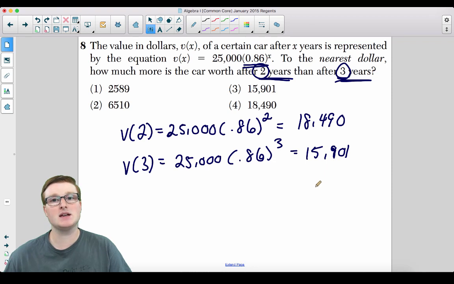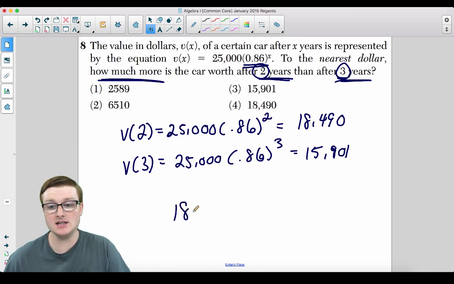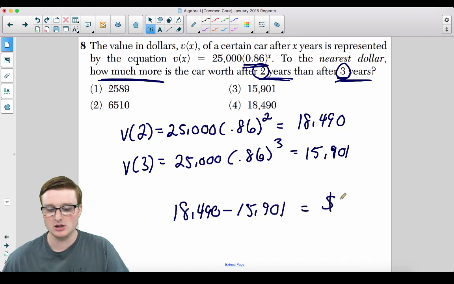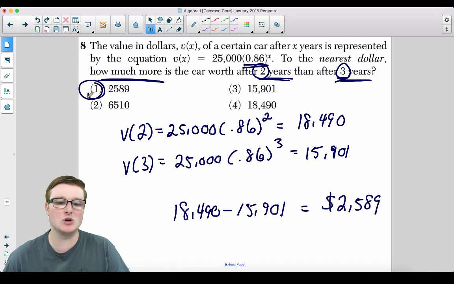That makes sense because after the third year, you should be lower than the second year. So it's saying how much more? Subtract them. So 18,490 minus 15,901 will give you $2,589, which is going to be choice 1.